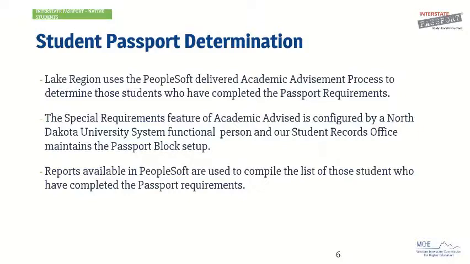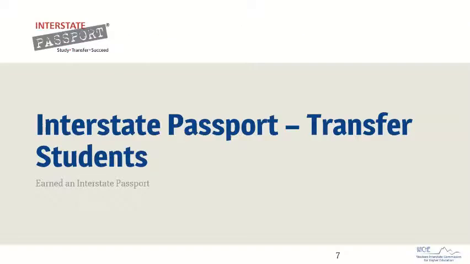However, the student records office goes through and manually enters all the classes that they've taken. At the same time, notice if they do have a passport completed at the other institution, we will then enter that notation as a milestone on our transcripts. This, however, only shows up on the unofficial one, not on the official.